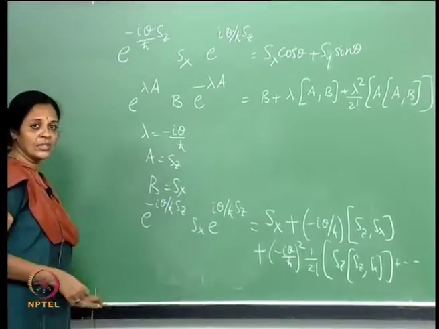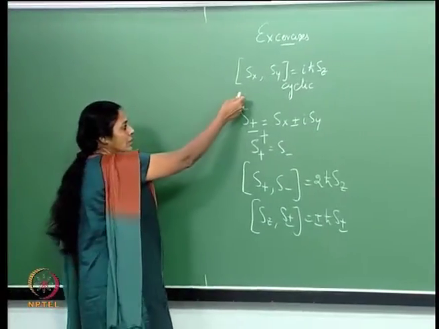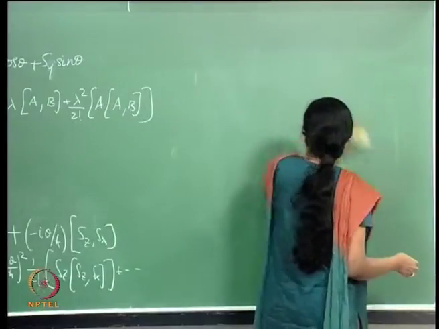Now, I can work out these commutators simply because I know the algebra of the spin matrices, and then I have the following.